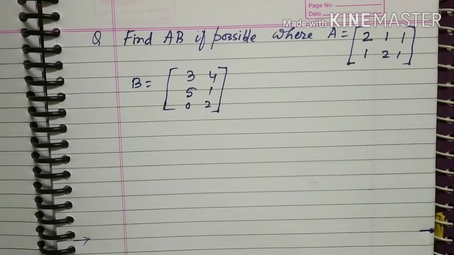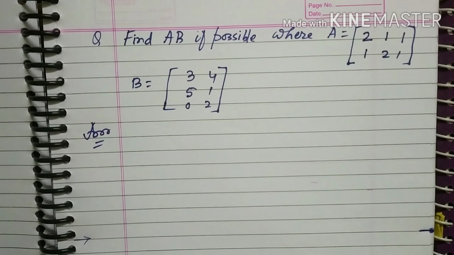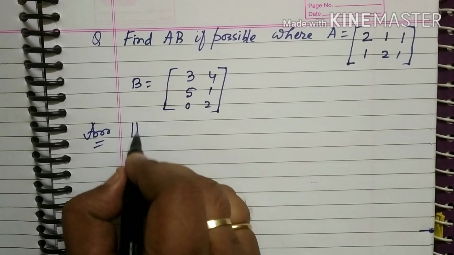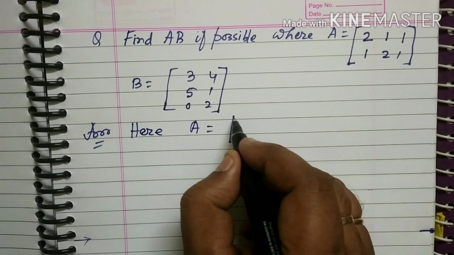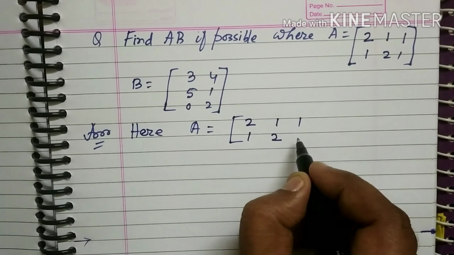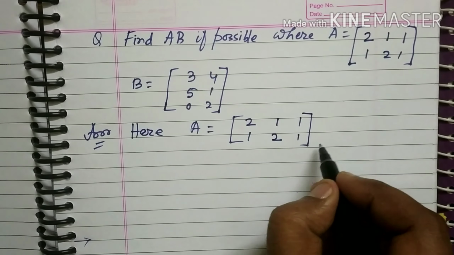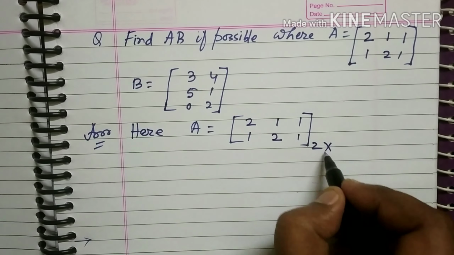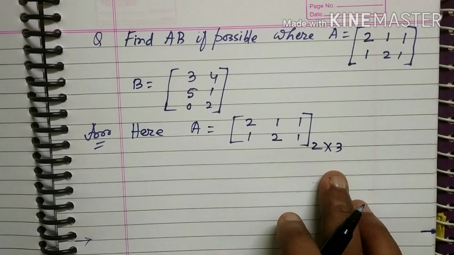Try to understand, a different ordered matrix, you have to answer. Here A is 2 1 1, 1 2 1. How many rows do you have? 2. How many columns? 3. Clear? Always you have to mention it for multiplication.